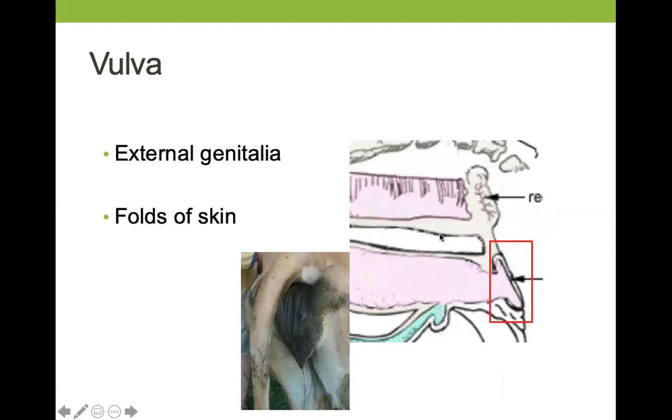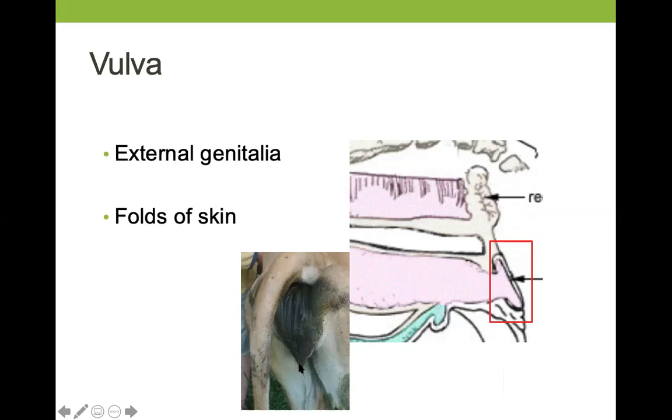So if you look at where the vulva is with respect to the anus, it's right underneath it, right? So when a cow poops, what does poop look like? It's not a super solid thing, is it? It's kind of watery, and that's going to go down with gravity, right? So if this cow is pooping and she's got kind of loose stool, potentially, that could all come in here.